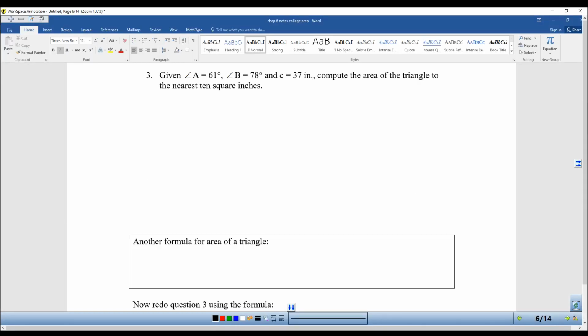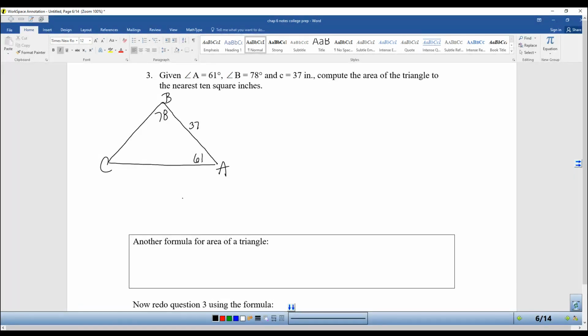Number 3, given A is 61, B is 78, and C, side C, it's a lowercase, is 37 inches.